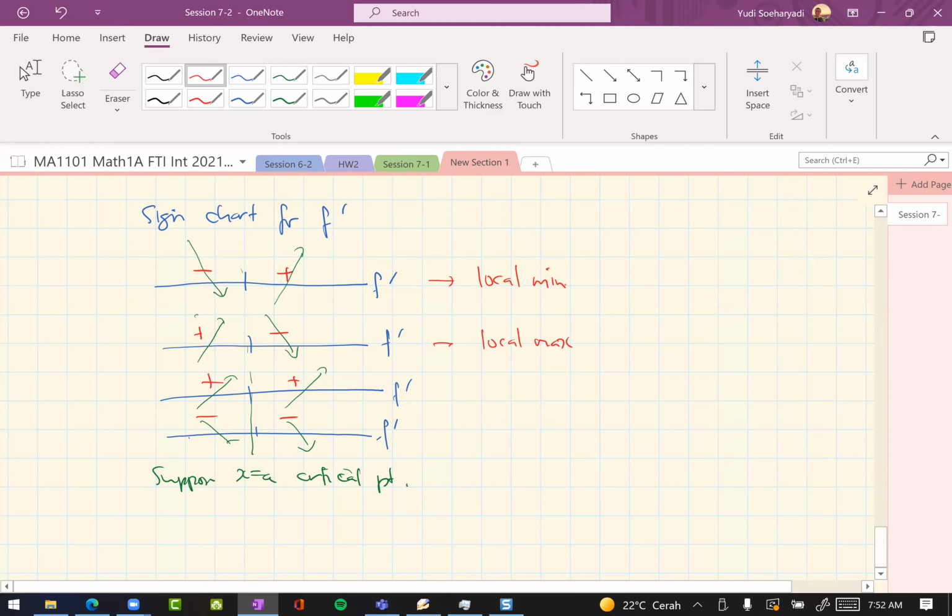So min is attained if you're going down and then up. Max is going up and down. Okay. These two are neither max nor min. Neither max nor min.